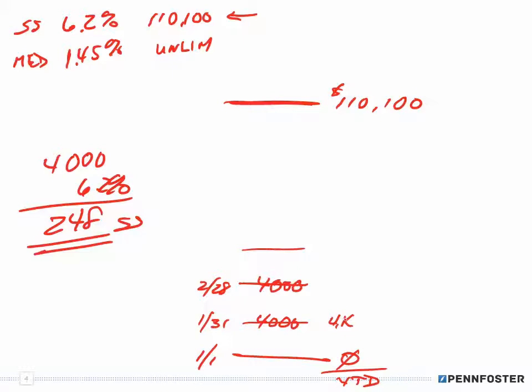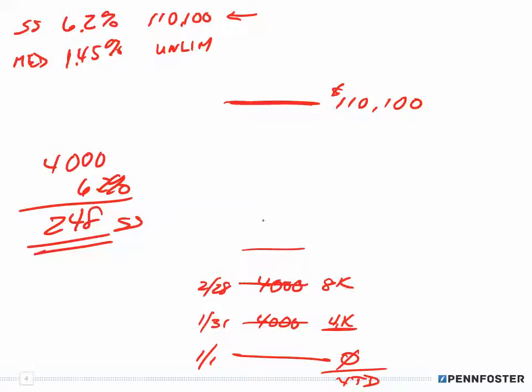Well, your year-to-date wages before you were paid were $4,000. And you paid your tax on that $4,000. You paid the $248. Now you're being paid a new additional $4,000. Well, what portion of that needs to be taxed? Well, because you're still below the limit of $110,000, you're going to have to pay the 6.2% on that full amount of $4,000, or another $248. But now your gross wage is $8,000.